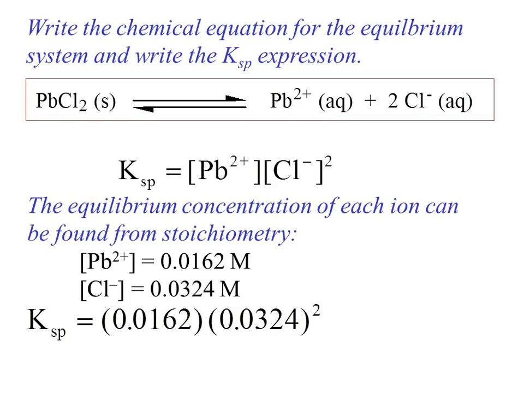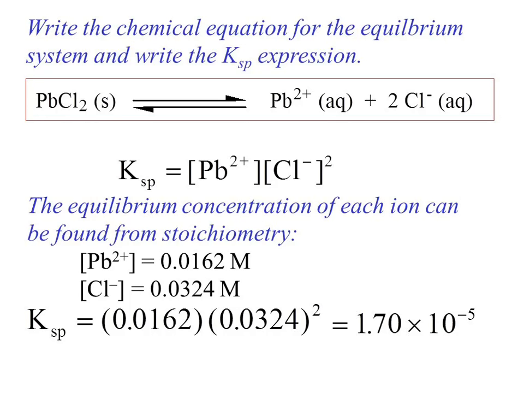So that's where my 2 times came from. This is twice of this. That's my chloride ion. We can't forget the square. Okay, round it to 3 sig figs. Then your Ksp is 1.70 times 10 to the negative 5th.